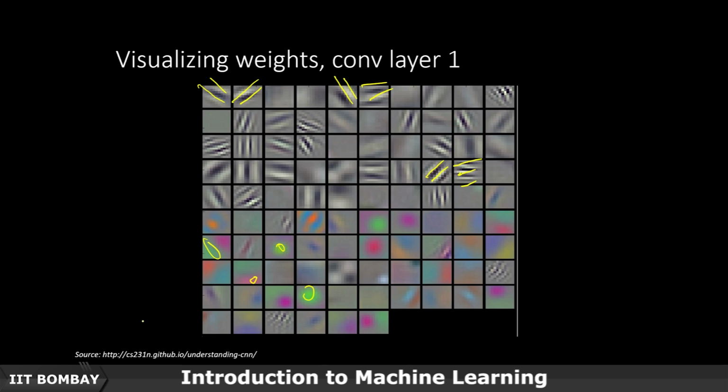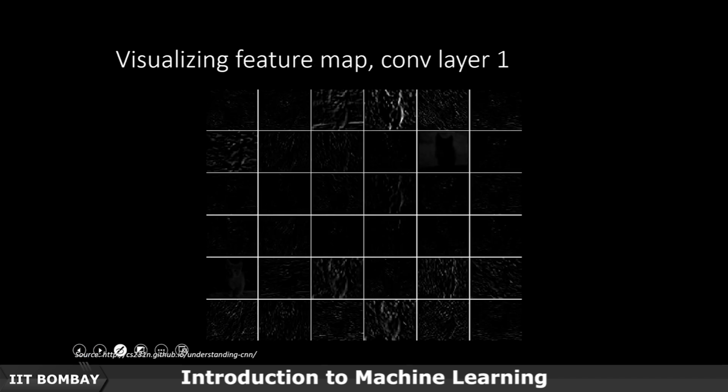So what comes out of these convolutional layers is something called a feature map, right? So what is a feature map? Let's say you have an image, and this image has a face, and I have a small kernel that detects vertical edges. By light I mean it has positive weights, by dark I mean it has negative weights, and I convolve it over this image.